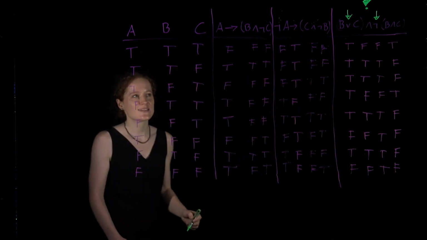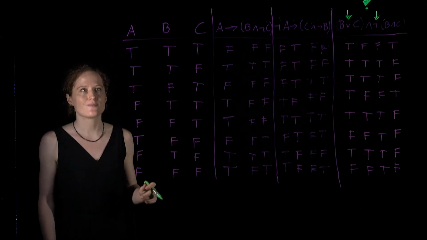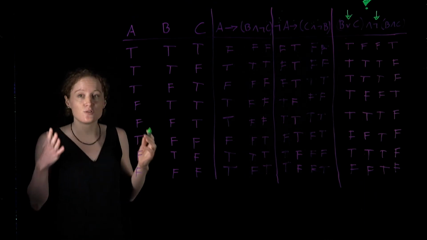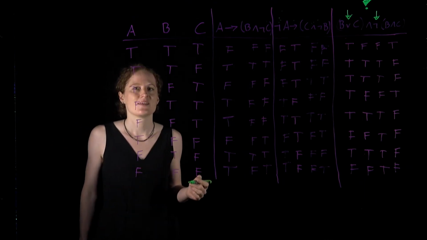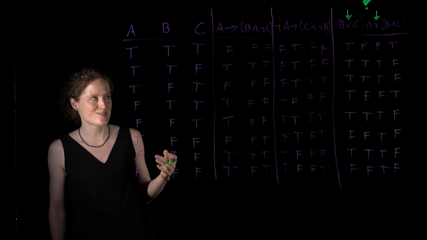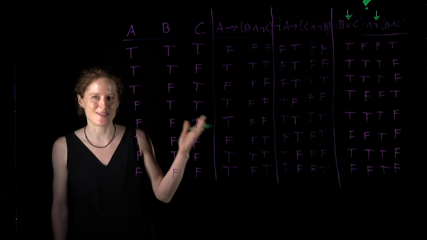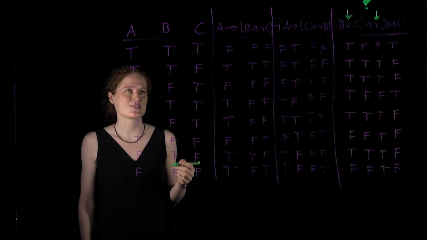Okay, so that is our complete truth table for both premises and the conclusion. Let's finally try to use this truth table to figure out whether this argument is valid. Now the argument is valid if and only if every valuation that makes both premises true is also a valuation that makes the conclusion true. So let's see where both premises are true.